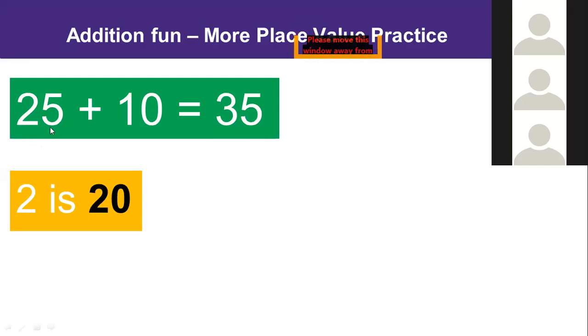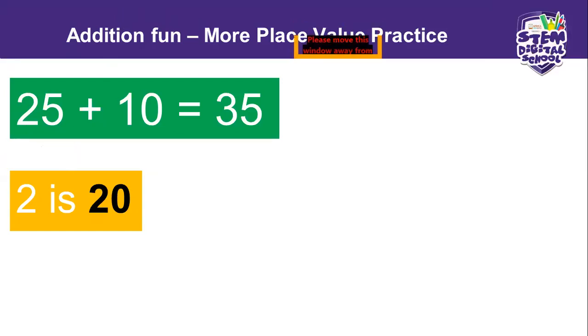If we break down this 25, this 2, even if it looks like 2, is not a 2, but it is a 20. Because when you count 1 up to 10, 11, 20 to 25, this is how we write 20.